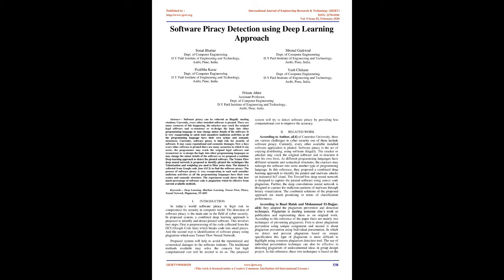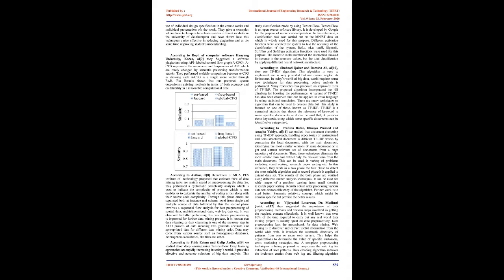First is plagiarism prevention using unique assignment, and second is plagiarism prevention using individual presentation, in which we detect and prevent plagiarism based on unique specification. This type of plagiarism is more difficult to highlight using common plagiarism detection tools. The individual presentation technique can also be effective in detecting plagiarism of undocumented ideas in group design projects.